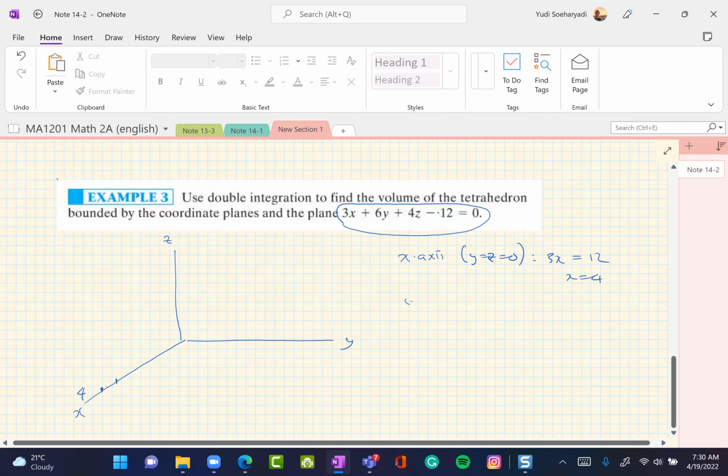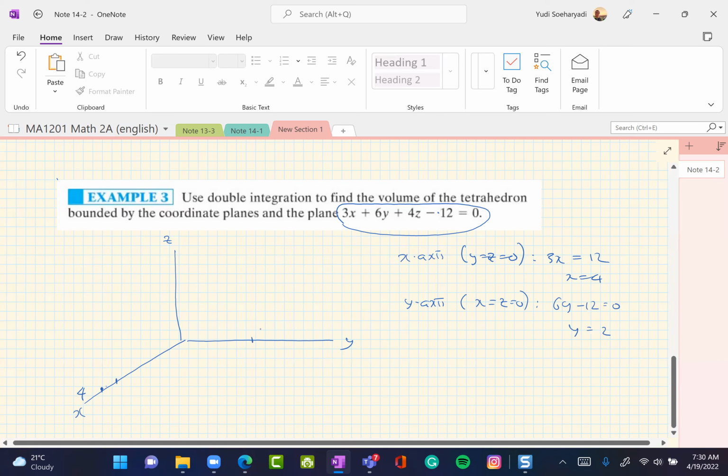On the y-axis, you see that x and z are 0. So this gives you 6y minus 12 equals 0, so y equals 2.